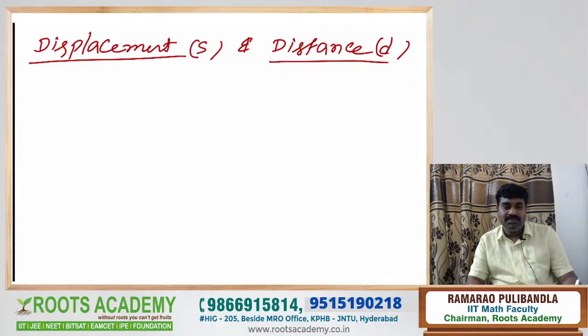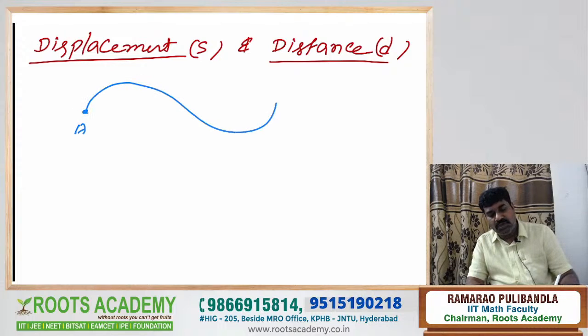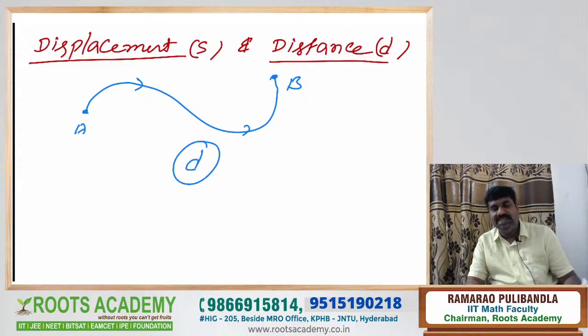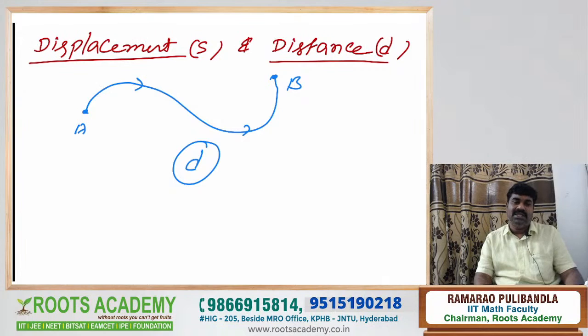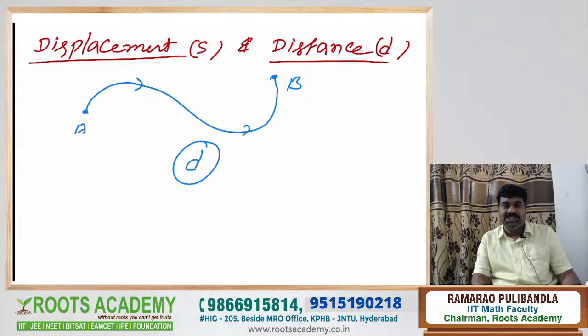For example, if a body is moving from A to B, the total length of the path traveled by the body is called the distance.